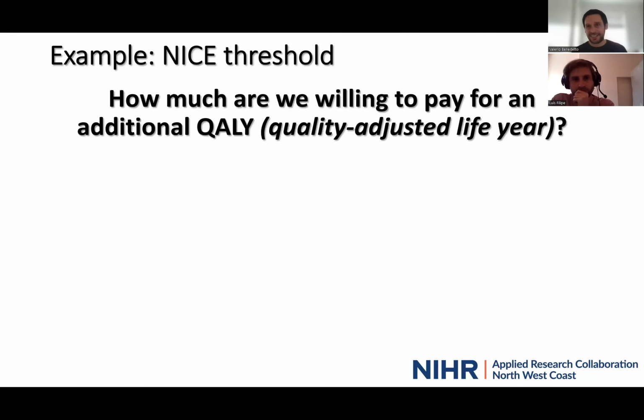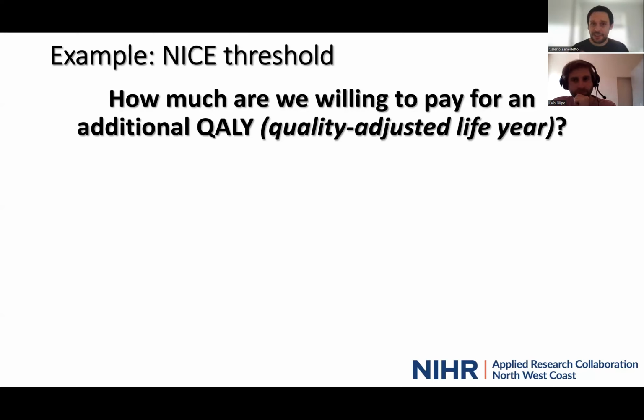I'll now talk about another example. We link this to the problems faced by NICE, which is the health and social care decision maker in the UK, in terms of allocating resources. NICE is faced with the problem of deciding on whether an intervention should be implemented in the healthcare system or in the social care system or not.